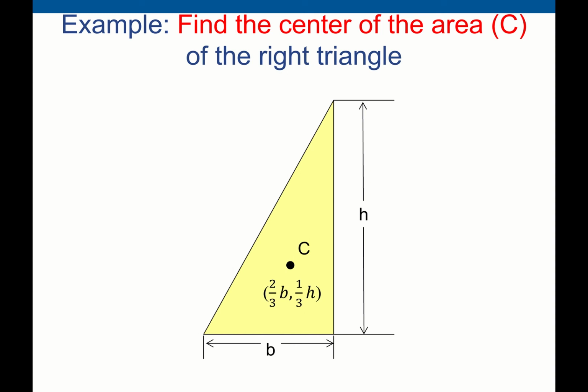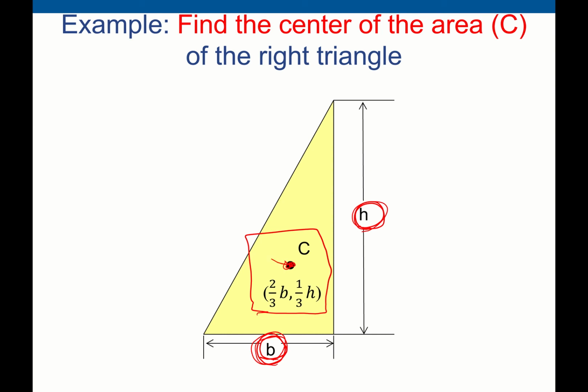If you look at this triangle, the rise is h and the run is b. We have a dimension here. Oh, by the way, the textbook already gives you the right answer. This is the center of this triangle because we have these dimensions.